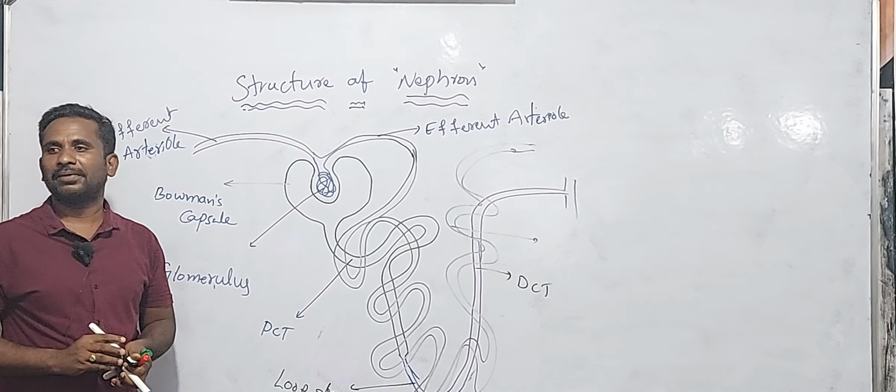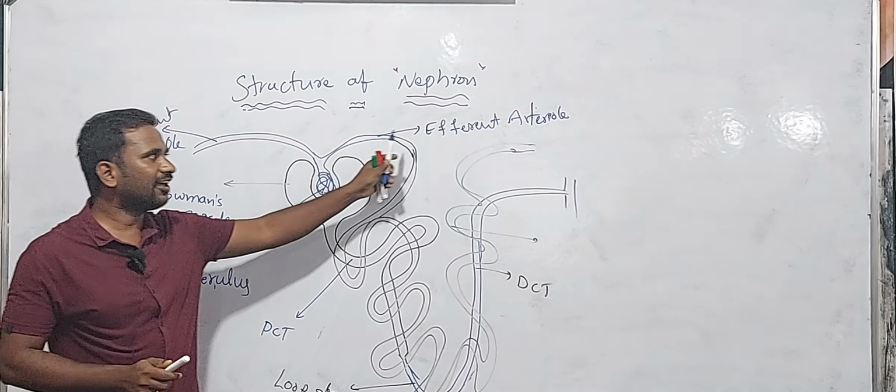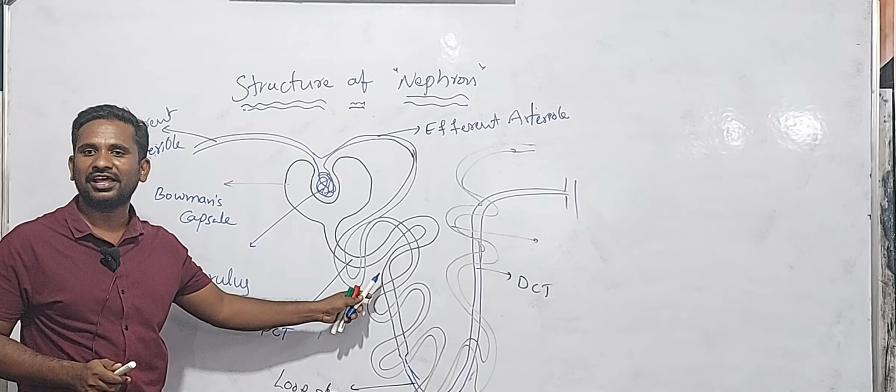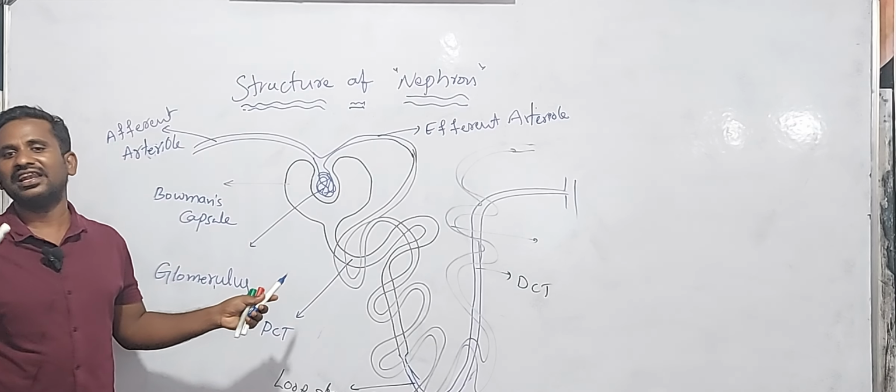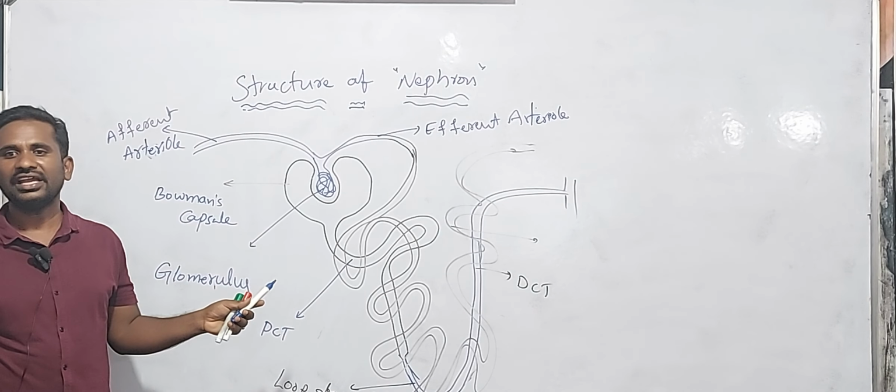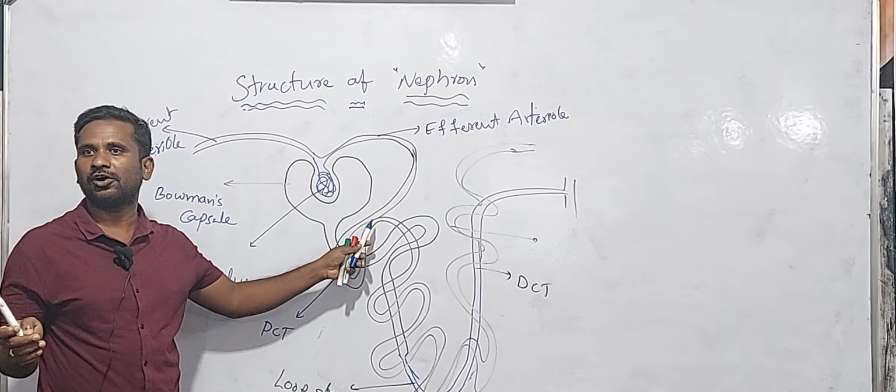Okay, so you should remember this well. The efferent arteriole is forming a blood capillary network around the tubular part. It means the PCT, loop of Henle and DCT. It is a very fine structure, a very important one.